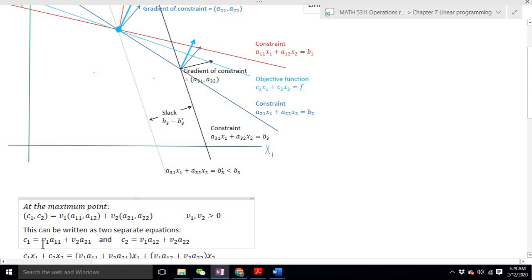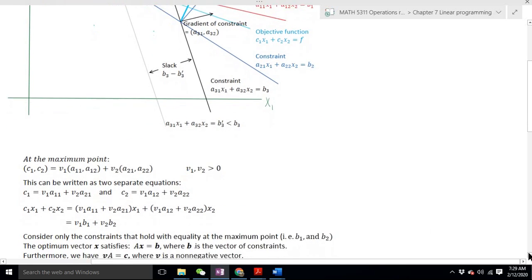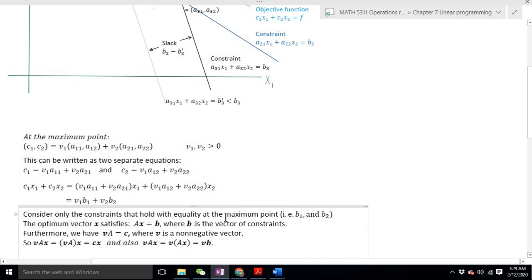Okay, I can write this as two separate equations, C1 and C2. All right, then I can add these together. Remember, this is what I'm trying to maximize: C1 x1 plus C2 x2. Right? If I add these two together and I substitute what is C1 and what is C2, I get this.